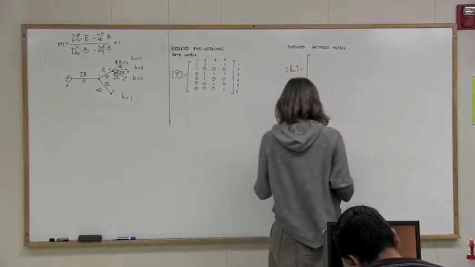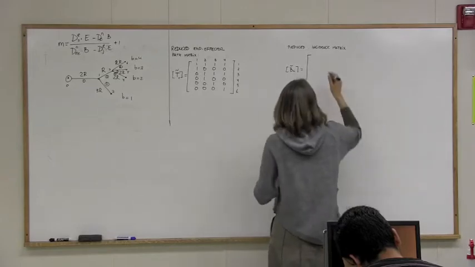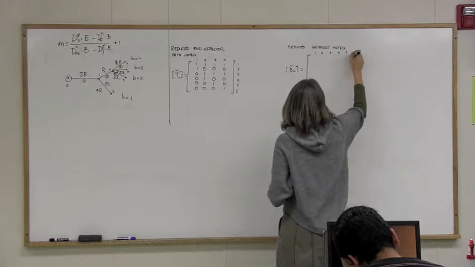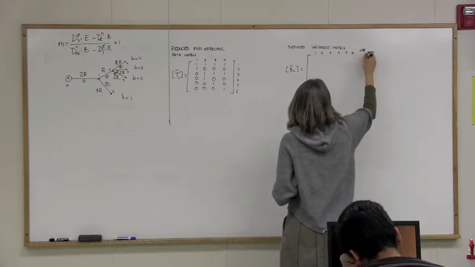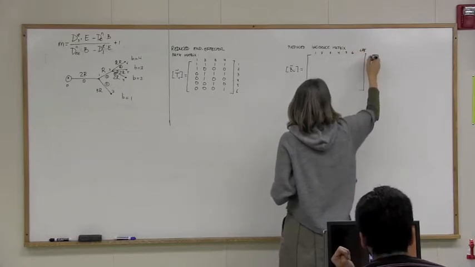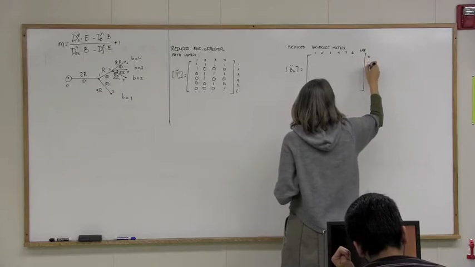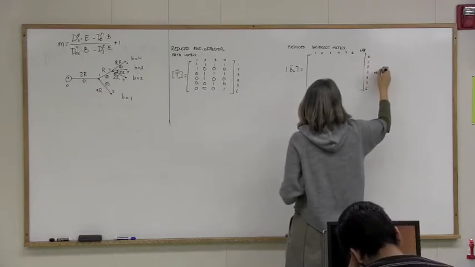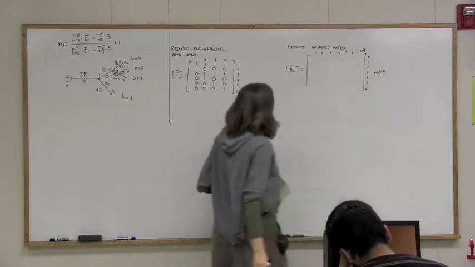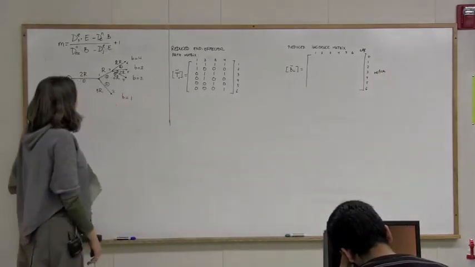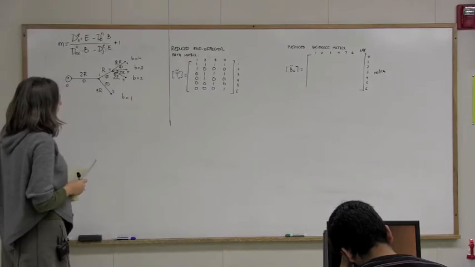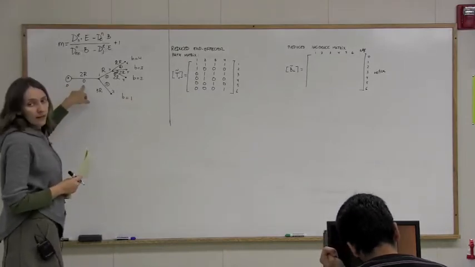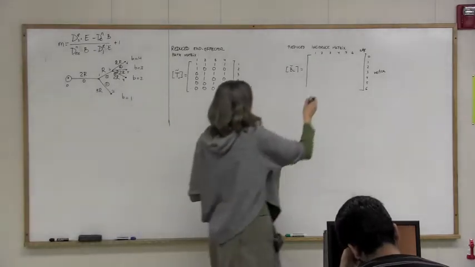In this one we put the edges on top, so edges 1, 2, 3, 4, 5, 6, and the vertices here, 0, 1, 2, 3, 4, 5, 6. Now we look at it: for vertex 0 we have only edge 1, so 1, 0, 0, 0, 0.